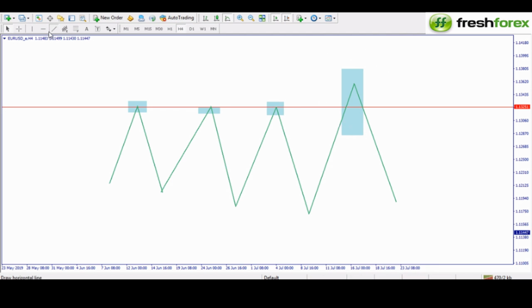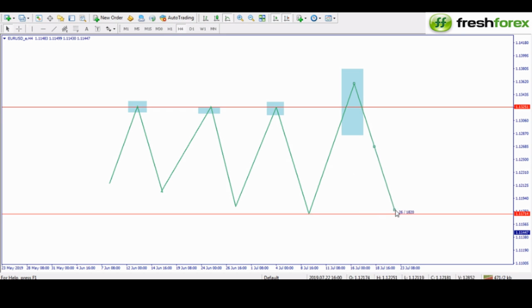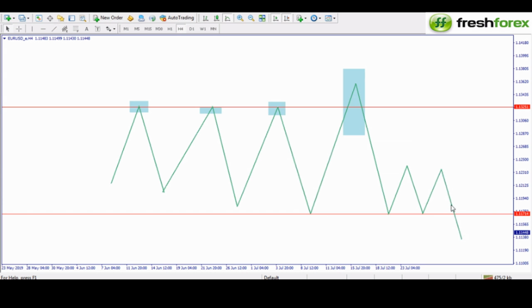If you have a support on the lower side, then price uses that level as support. You can see it uses it as support, then it comes back again and uses the same level as a support. Then when it gets back the third time, it breaks below, but does not remain on the lower side as usual.